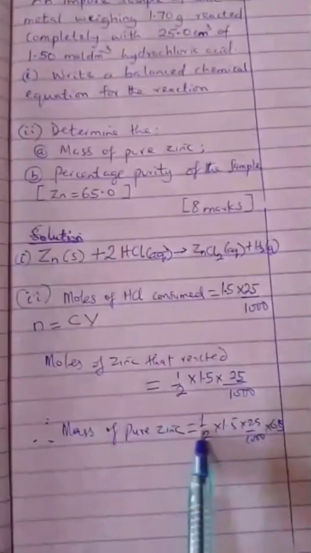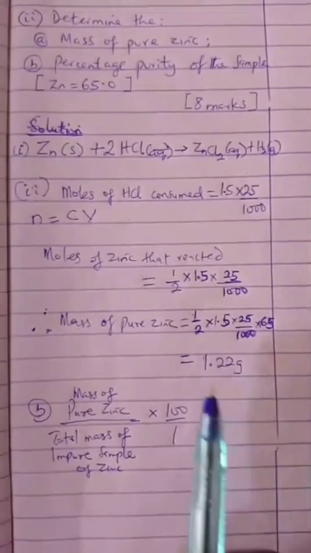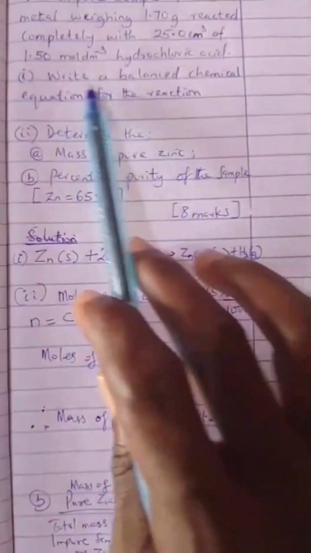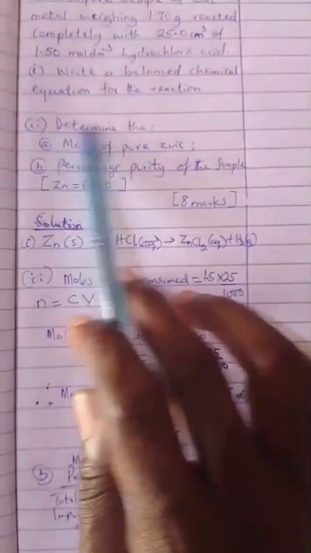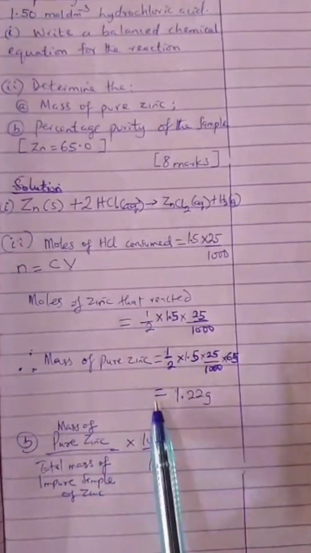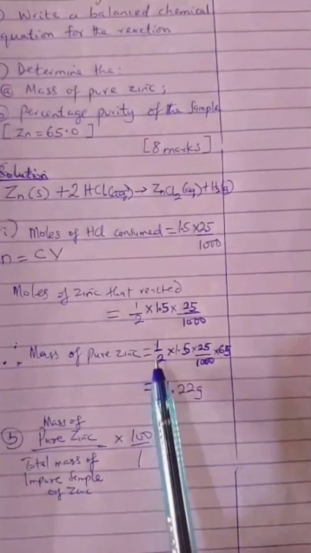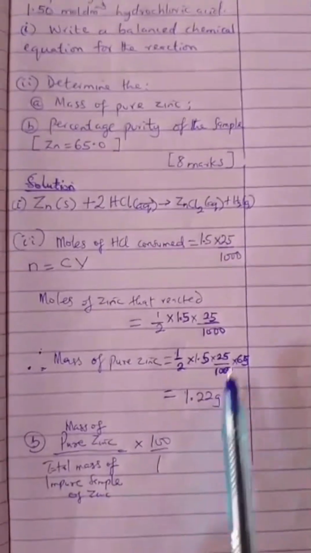That's what gives us the mass of pure zinc. So we've been able to write the balanced chemical equation, and then determine the mass of pure zinc. If you put that into your calculator, you get 1.22 grams to 2 decimal places.